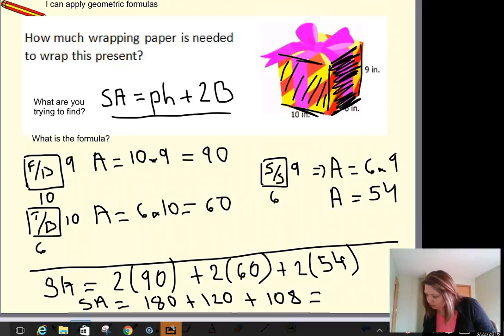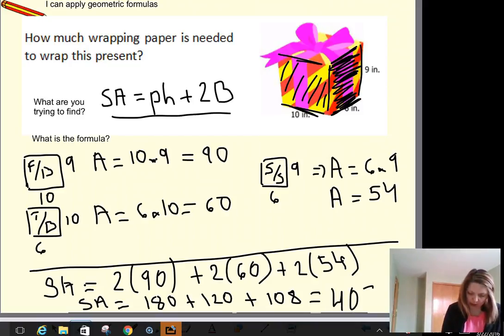So I'm going to use the calculator just to make sure my calculations are correct, and I will put 180 plus 120 plus 108 equals 408 square inches will be the surface area, or the wrapping paper we need in order to wrap the whole present. Awesome.